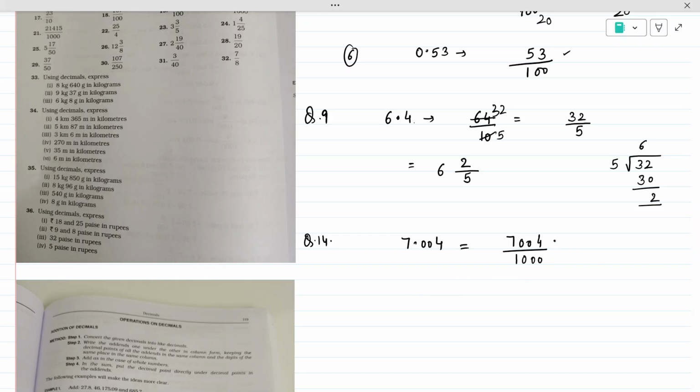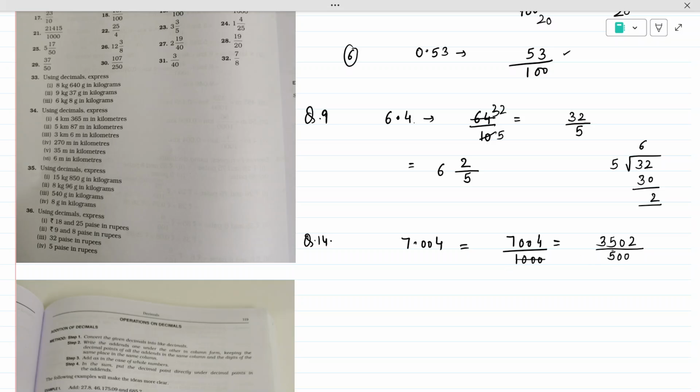Let's see. We can see that 2 is a common factor. So let's try to divide this by 2. We have 2 into 3, 6, then 35, 10, 0 as is, and 2 again. And here 2 into 5 is 10, 2 into 5 is 10, and then 500 again.